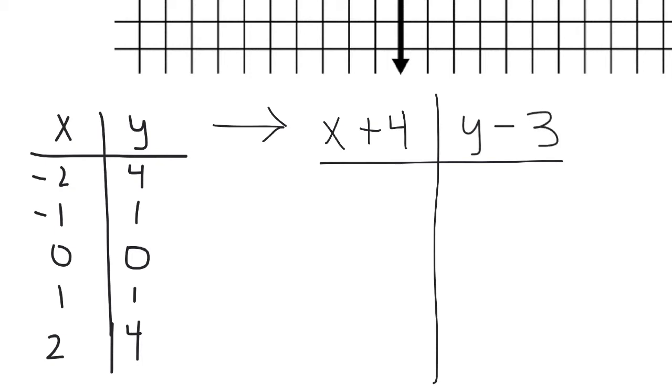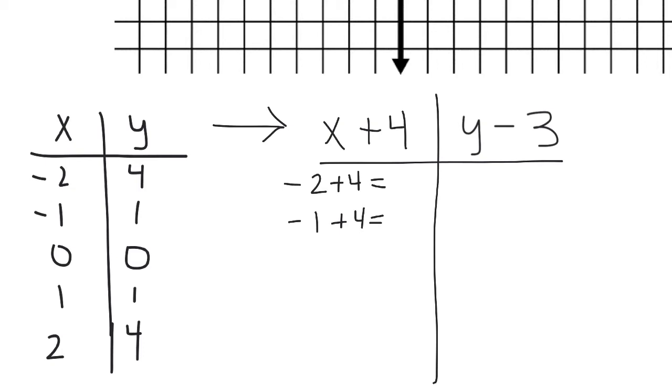So let's start filling in our x column. We need to take our x values from our original table of values and add 4 to each one of them. I'm going to start from the beginning. My first x value in my original table was -2. To that, I'm going to add 4. I'm going to repeat all the way down my table.